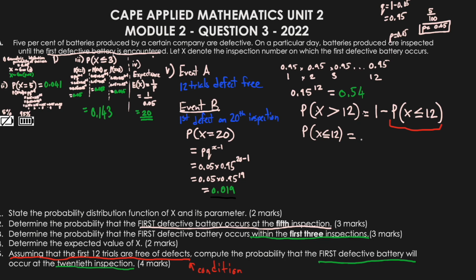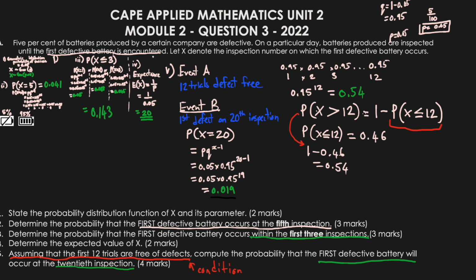If we write that to 3 decimal places, we would have 0.46. Then if we use this formula here, we end up with 1 take away 0.46, which would give us 0.54. So you could either do this the long way in the exam or do this. It's just for 4 marks. This is the best way to do that.